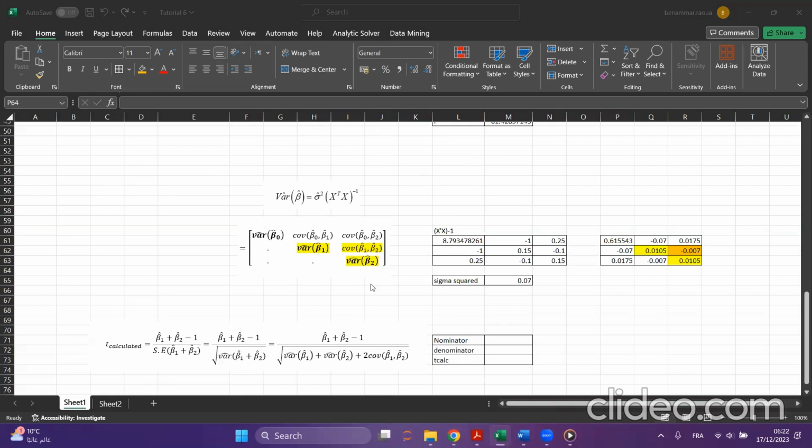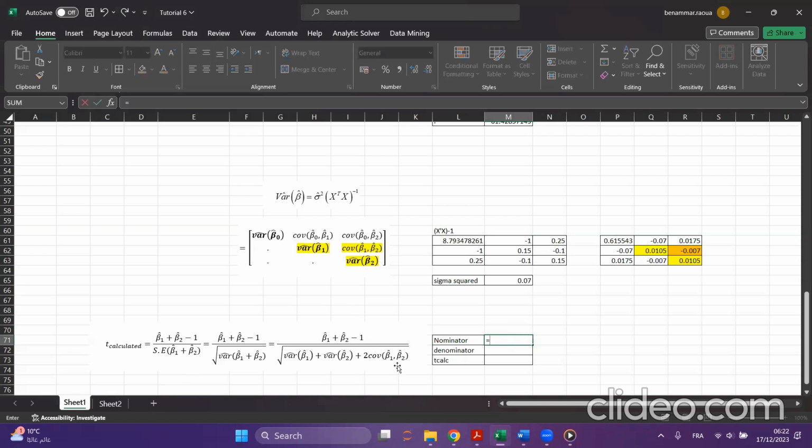So let's start calculating the t value. Here, the numerator is beta 1 hat plus beta 2 hat minus 1. Beta 1 hat is equal to 0.7, beta 2 hat is equal to 0.2, minus 1, it's minus 0.1.